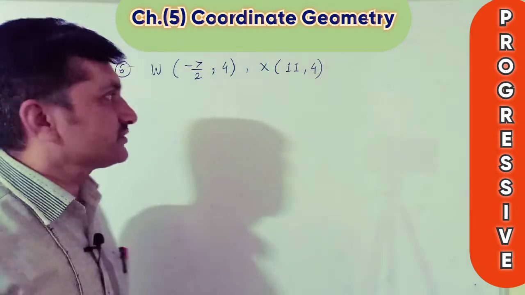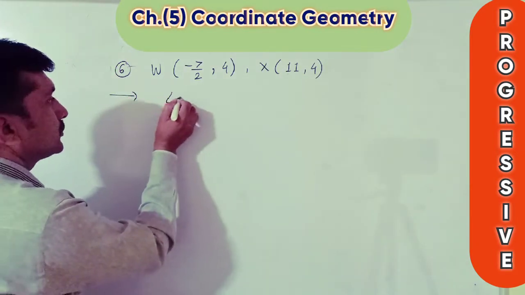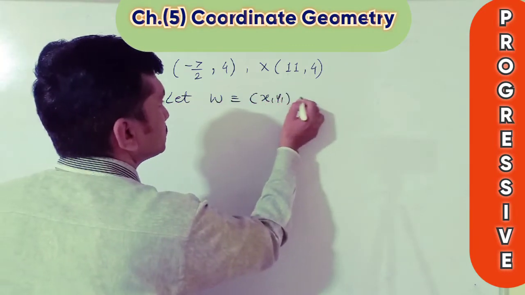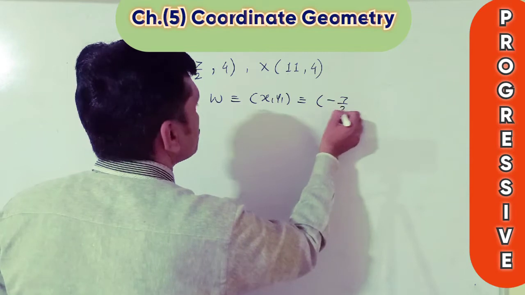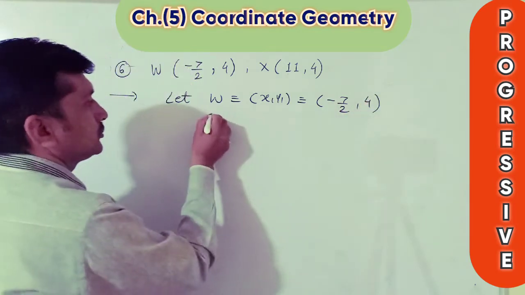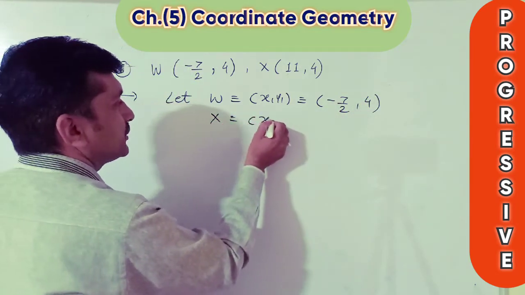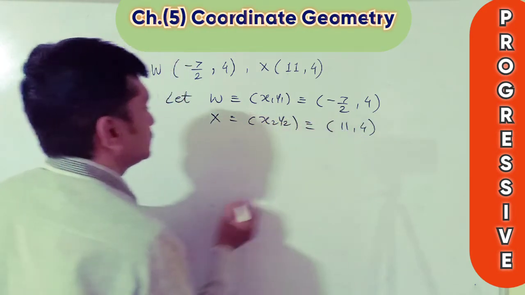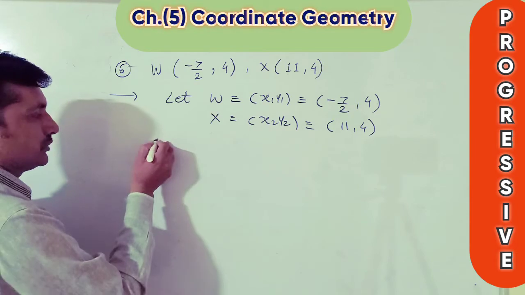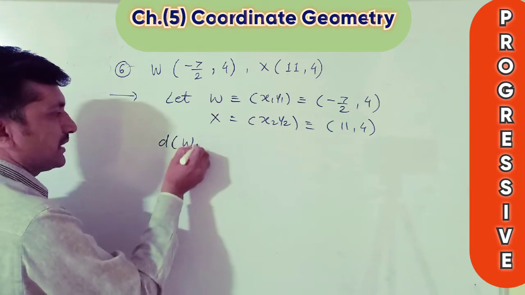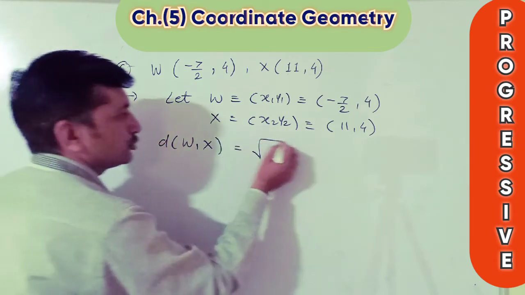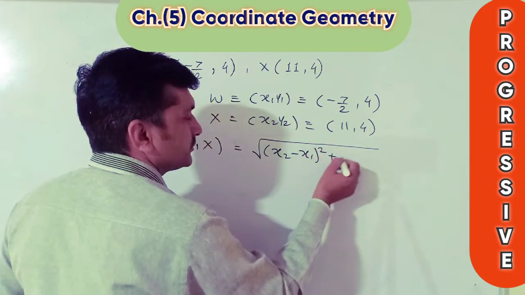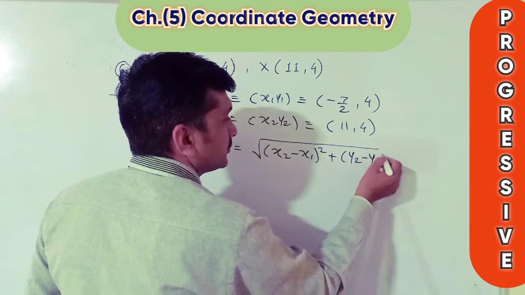Let's see example number 6. Let W is equal to (x1, y1). Coordinates are (minus 7 upon 2, 4). X is equal to (x2, y2). Coordinates are (11, 4). By distance formula, distance WX is equal to square root of (x2 minus x1) bracket square plus (y2 minus y1) bracket square.